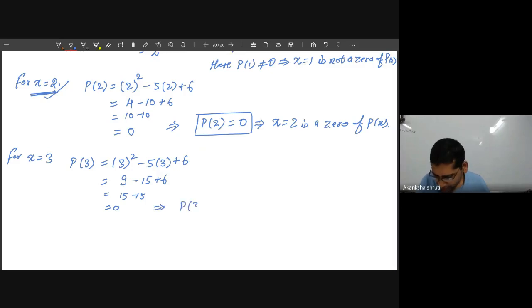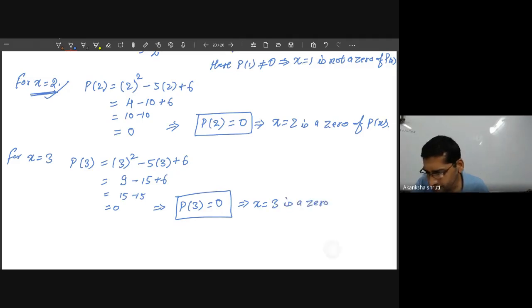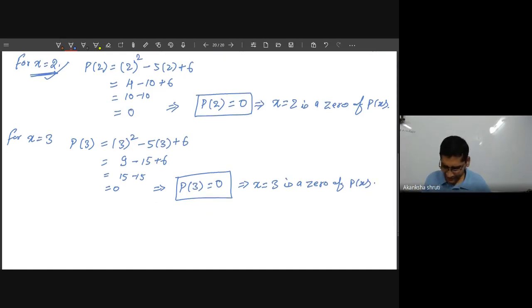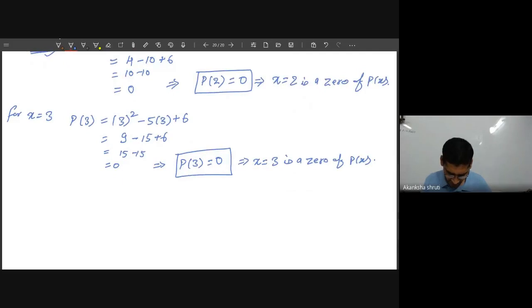Again, P of 3 is coming as 0. So whatever the value of x we have taken here, x equals 3 is another zero of the given px.